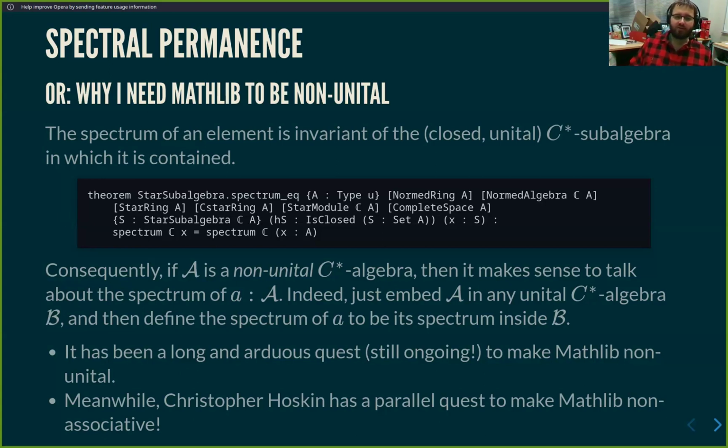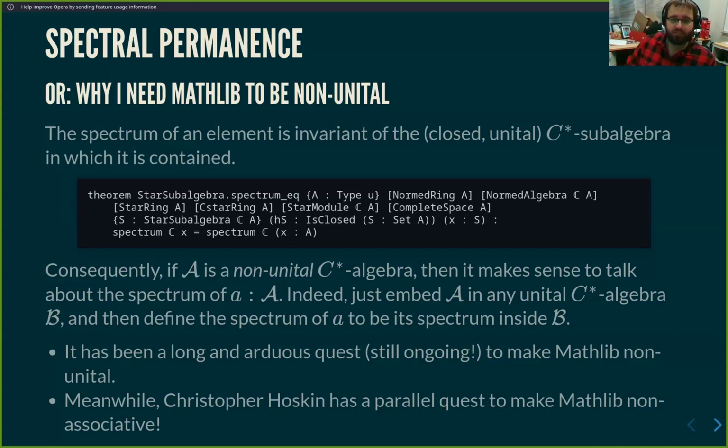The interesting thing though is that in C-star algebras it doesn't matter, because all you do is take your non-unital C-star algebra, embed it in any unital C-star algebra, and look at the spectrum of your elements in that bigger unital algebra. And the point is, it doesn't matter which one you choose, because the minimal unitization embeds into all of those. So this gives you a coherent notion of spectrum of elements in a non-unital algebra, and then you can do spectral theory with those things.